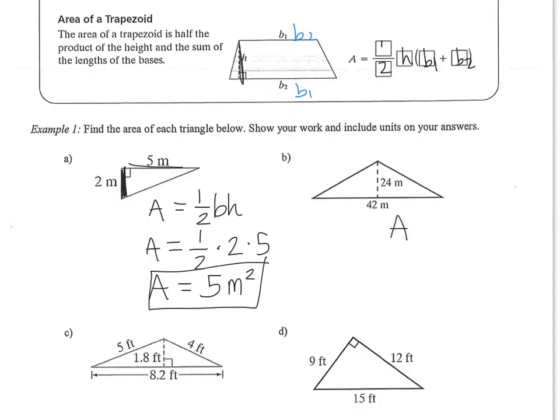Letter B, we do area equals base times height. Oops, I forgot to write 1/2. So it's 1/2 base times height. So I'm going to do 1/2 times 24 times 42. And it's 504 meters squared.